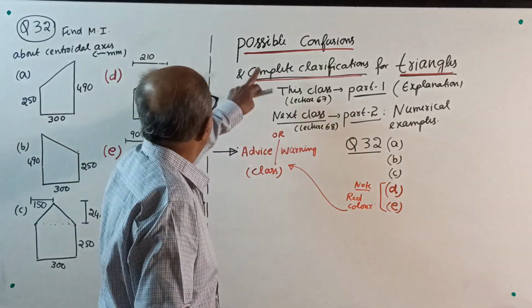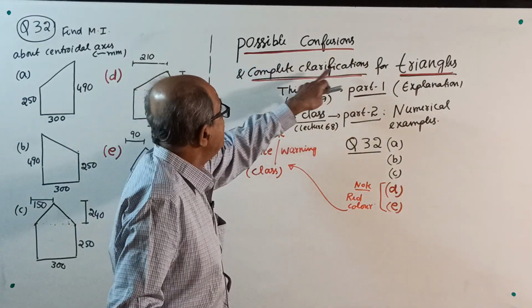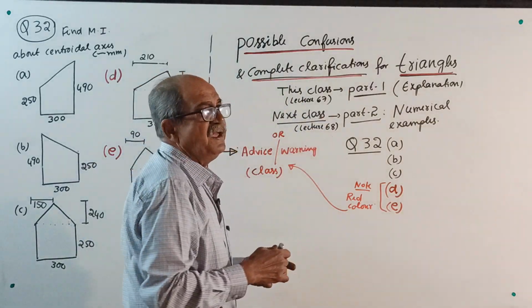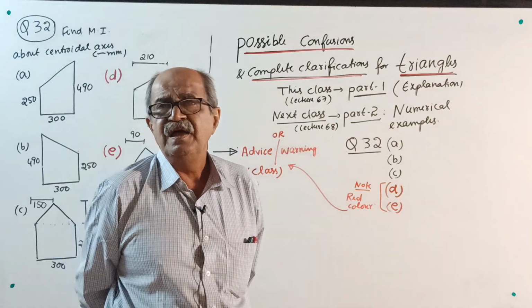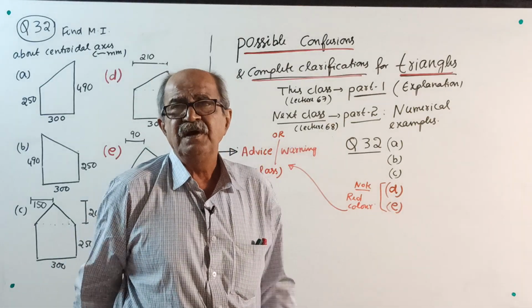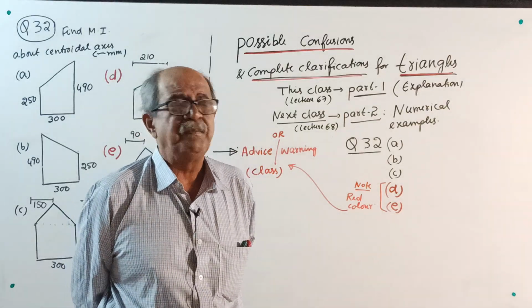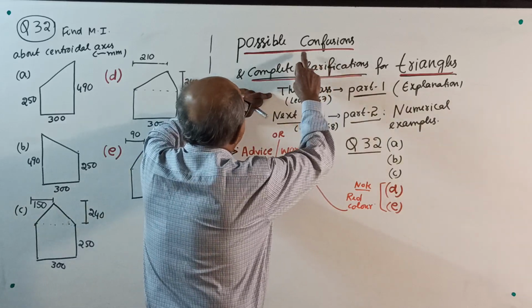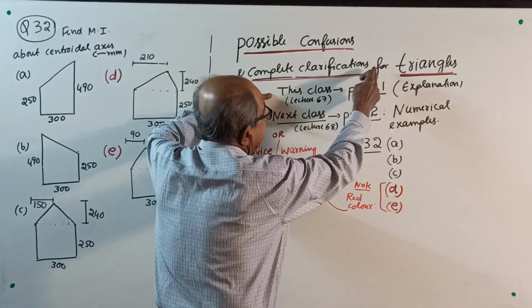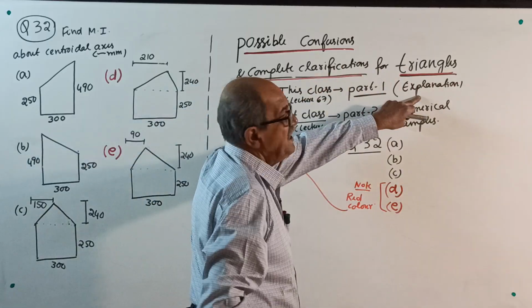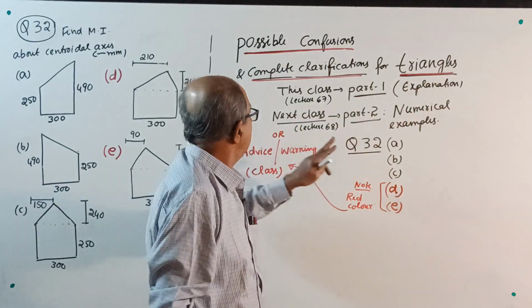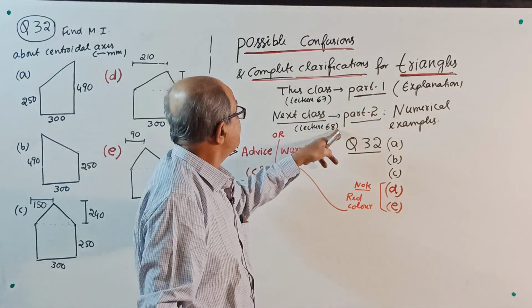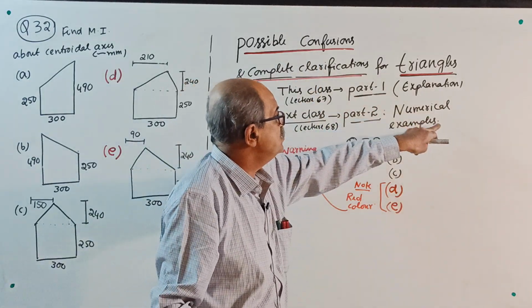So today's class will be possible confusions and complete clarifications for triangles, meaning when the given lamina consists of a triangular part, either one part or multiple parts. This class is the explanation, so I will take this class as Part 1. Next class, for the same title, I will take Part 2, numerical examples.